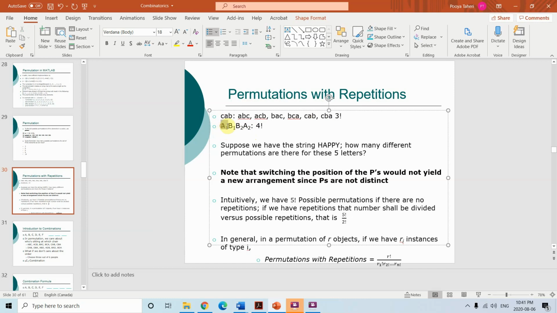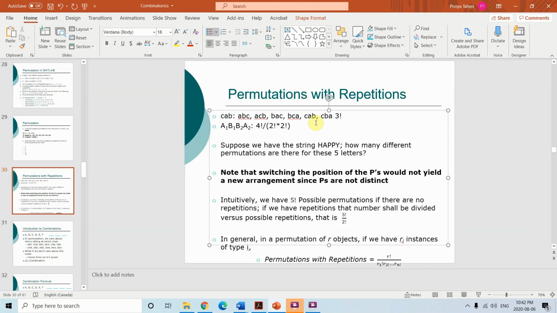So there were 2 factorial permutations for the A's, and because of that, in the 4 factorial number that I got, I counted options twice of what it should be. So I actually have to divide it by 2 factorial because of the 2 A's that we have. We also have 2 similar B's. So again, I have to divide it by another 2 factorial because of the 2 B's that we have.